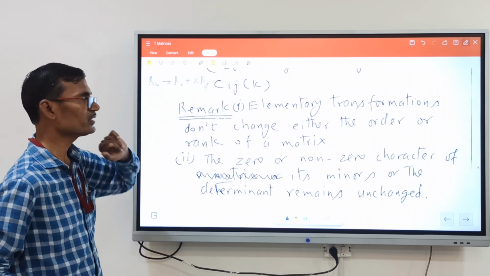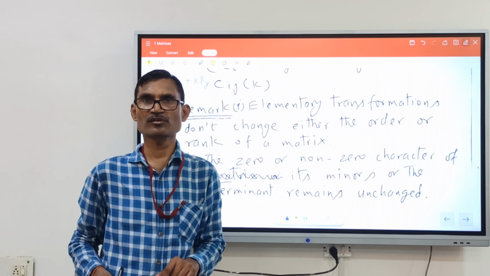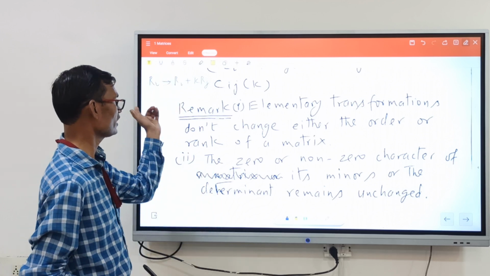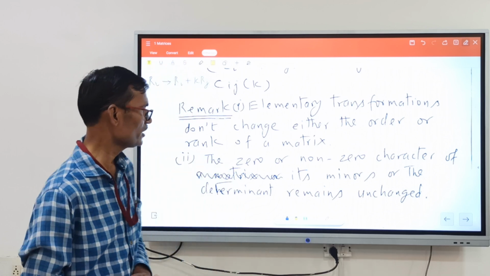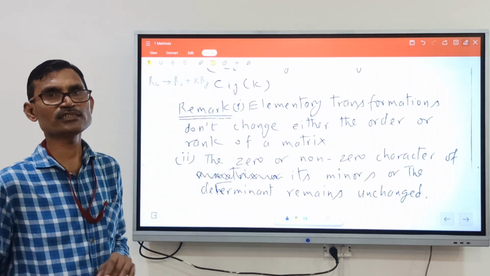So it represents an elementary transformation. Similarly, we can use the same operation also on the columns. So these are three important steps.